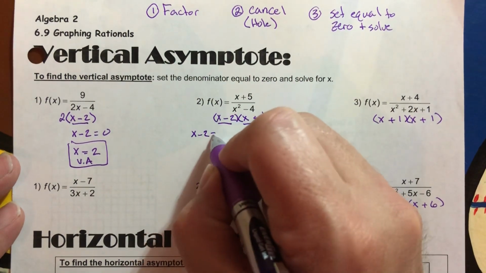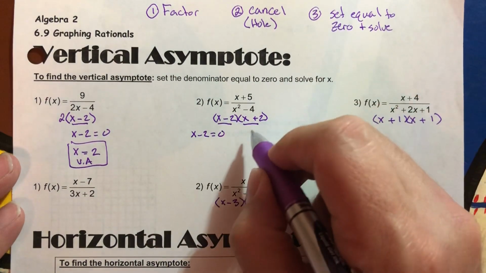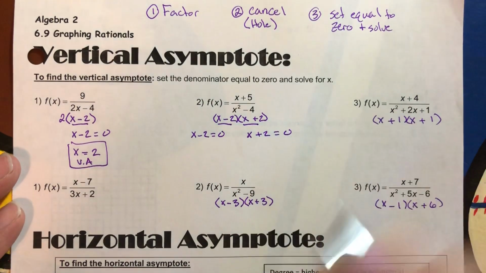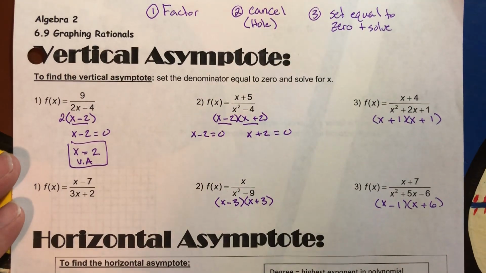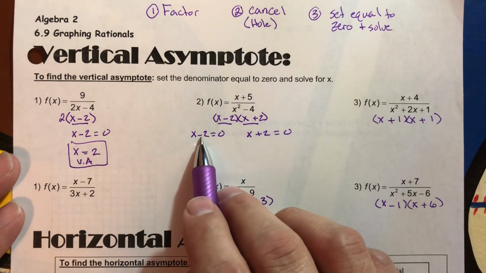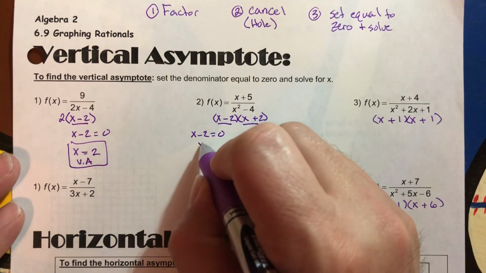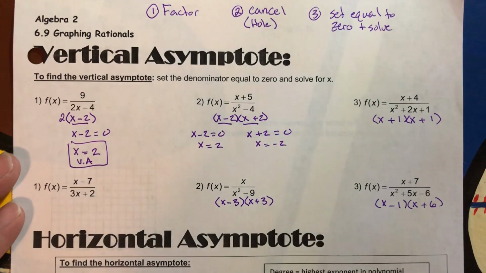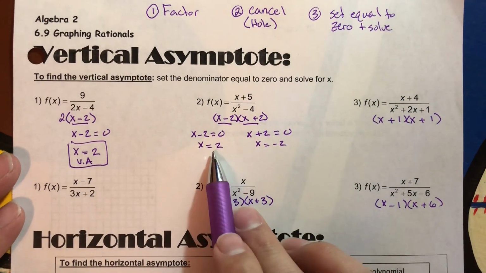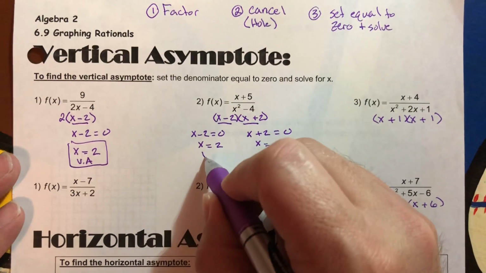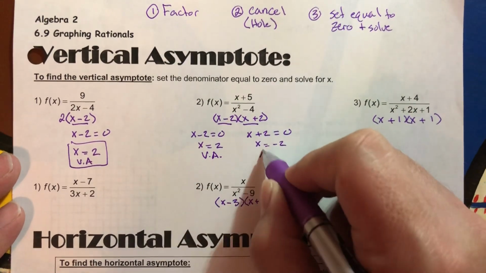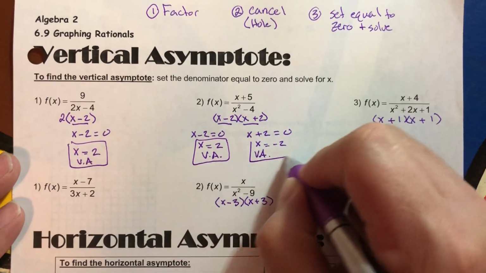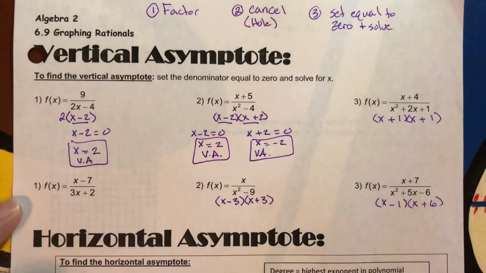So we take both those factors, x minus 2 and x plus 2, set each equal to 0, and solve for x. X equals 2, x equals negative 2. So this problem actually has 2 vertical asymptotes, one that's positive 2 and one that is negative 2.